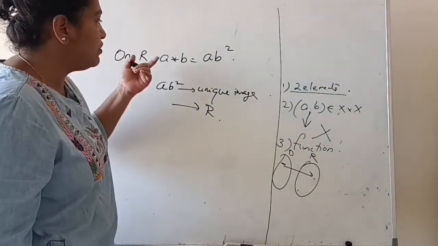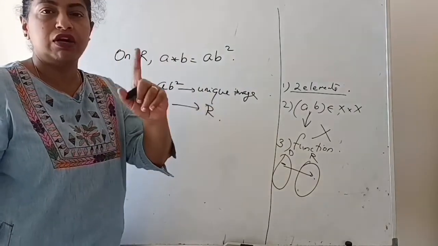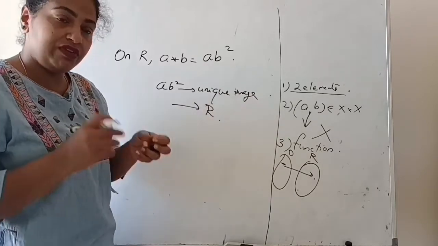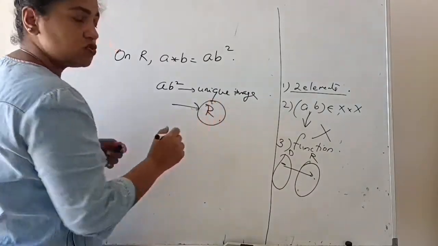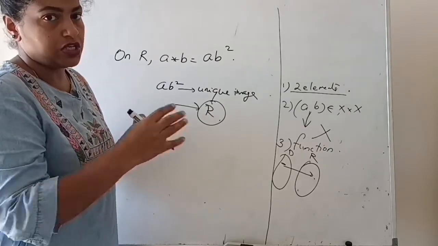So you know that whatever be the value of a and whatever be the value of b, a into b square has got only one value, which is a unique image. Now that ab square will obviously belong to the set of real numbers too. So I can say safely this is a binary operation.